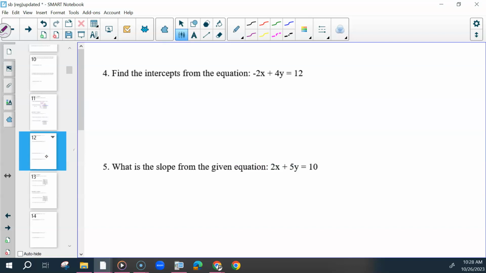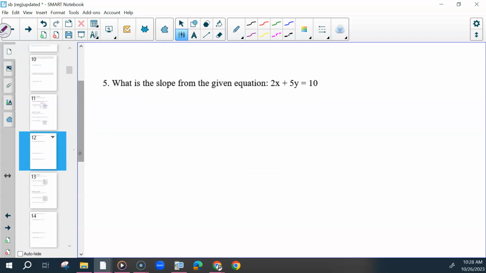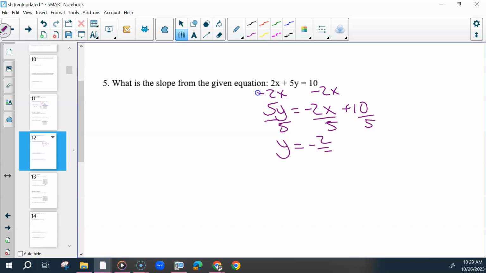And then 5, to find the slope from this, you have to get it back in slope intercept form. So subtract 2x from both sides, divide everything by 5. Then from this, you have to figure out which number is the slope.